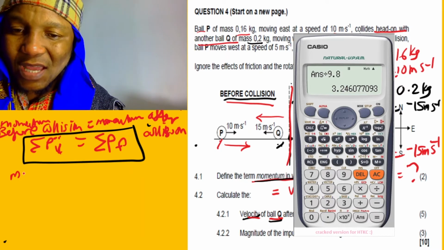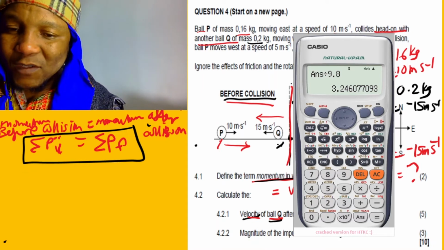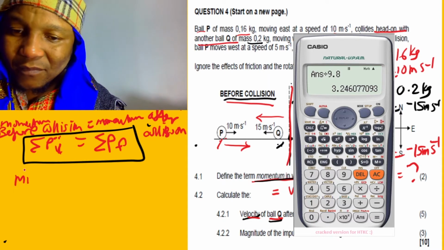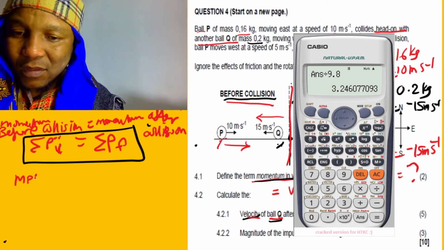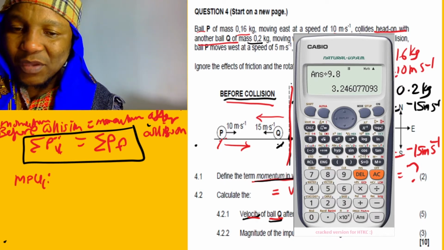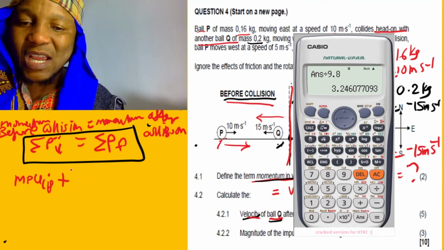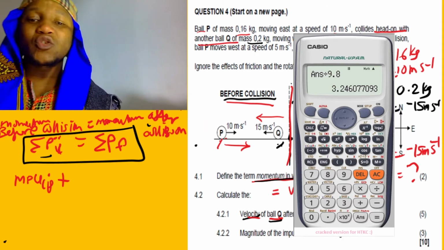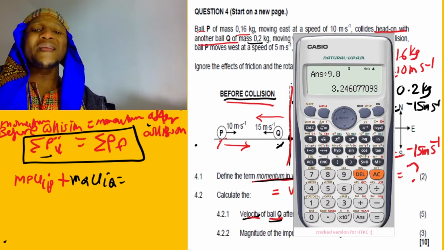So we say M, mass of P times velocity initial of P. Now we do the same for the second one because we want a sum of all the momentum before collision. So mass of Q times velocity initial of Q equal to momentum after collision.